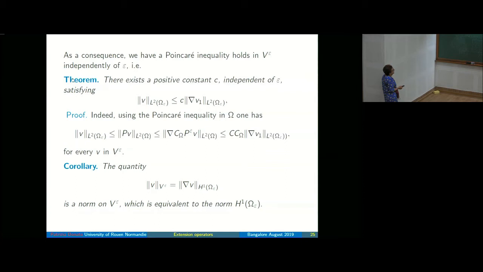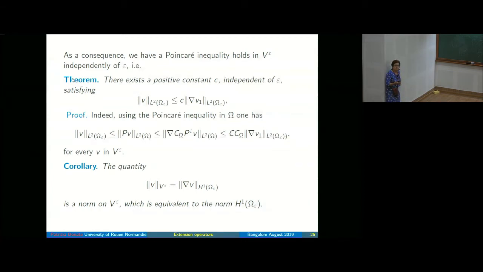This is smaller or equal than C omega times the gradient of the extension of v in L2, thanks to the extension operator. As a consequence, the norm of v in L2 of omega epsilon is smaller or equal than a constant times the norm of the gradient of v in L2. And then, as a corollary, this quantity is a norm equivalent to the H1 norm.